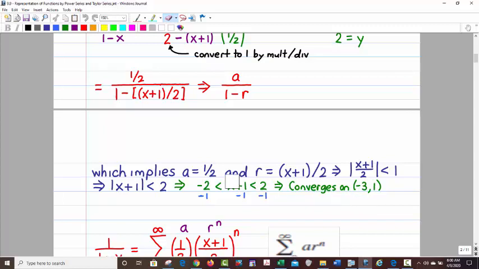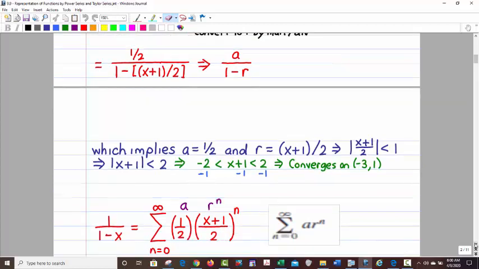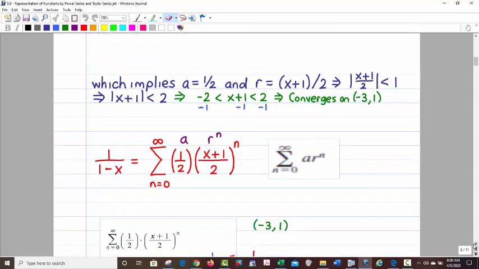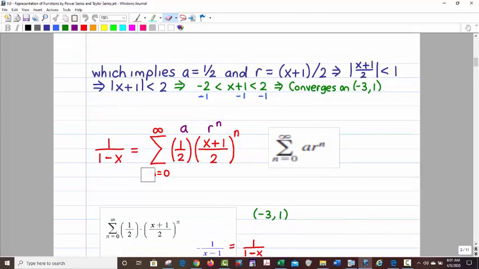So we're going to put the a that we found and the r that we found into the a r to the n. So 1 over 1 minus x now equals 1/2 times ((x plus 1) over 2) to the n.